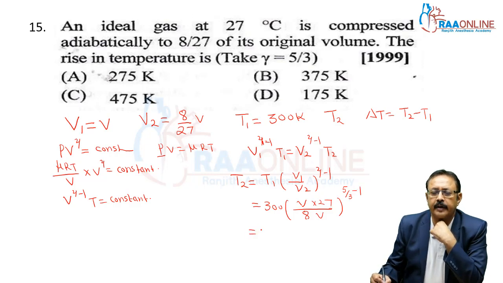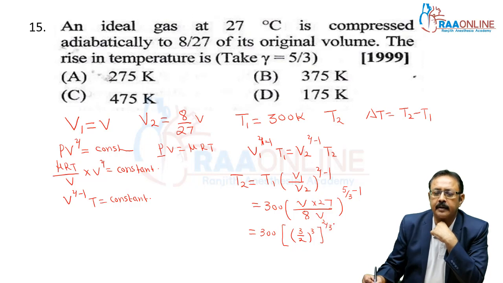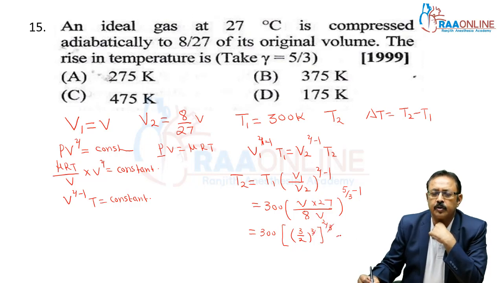So what we are getting? 300 into 27 by 8, means 3 by 2 cube. And power is 5 by 3 minus 1, means 2 by 3. Cancel 3 with 3. So square of 3 by 2 is 9 by 4.